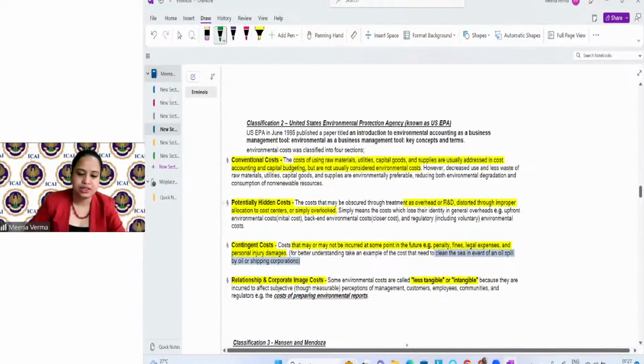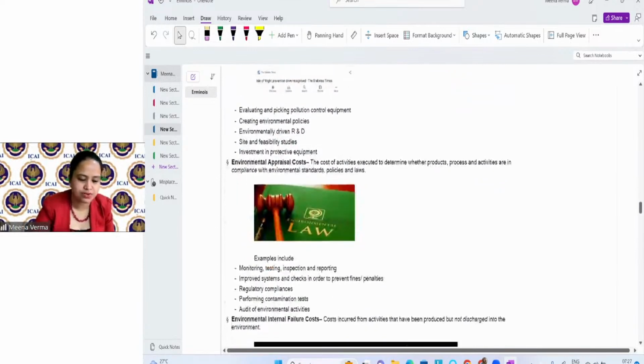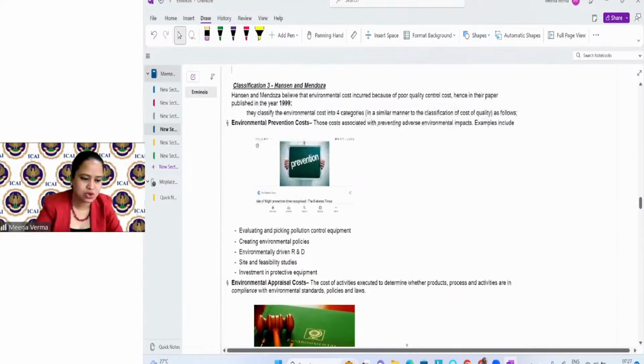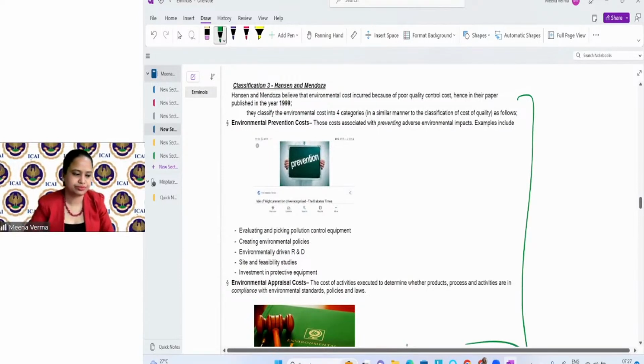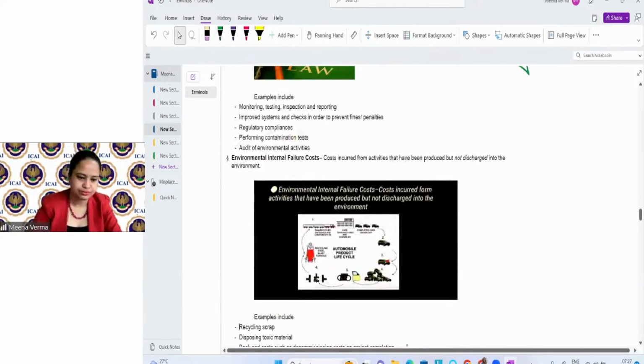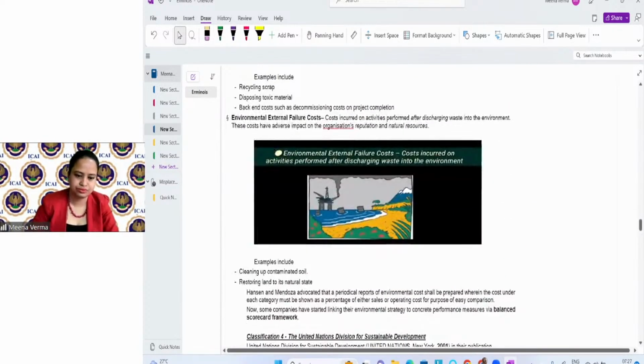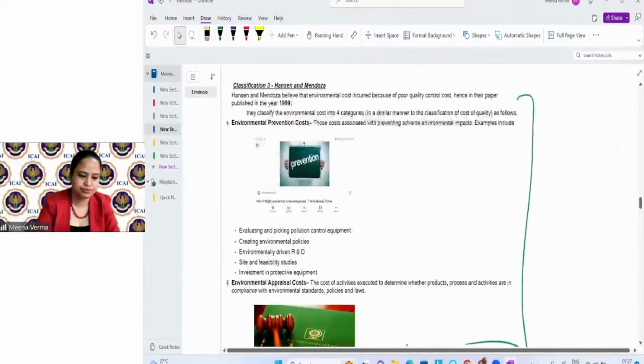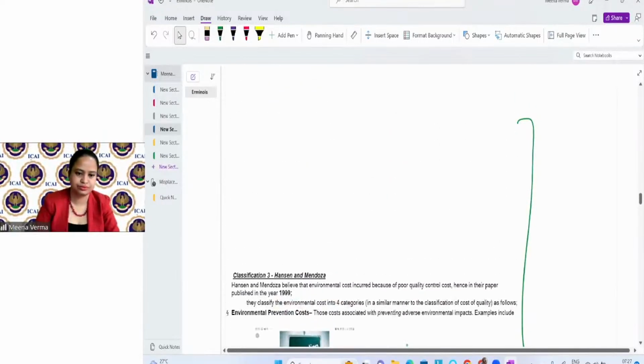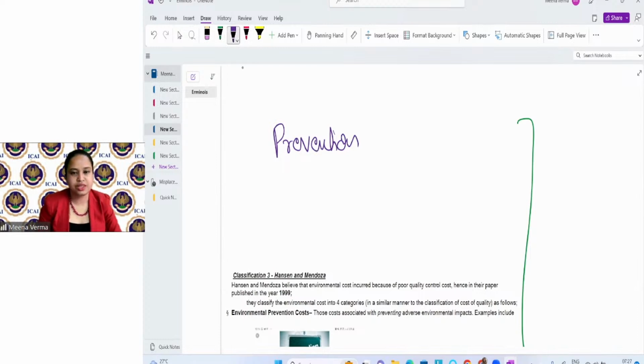Now, if you see, they are classifying all these costs in this form. So now let's understand these costs here. What are these costs? They are classifying all the environmental cost in these four ways.